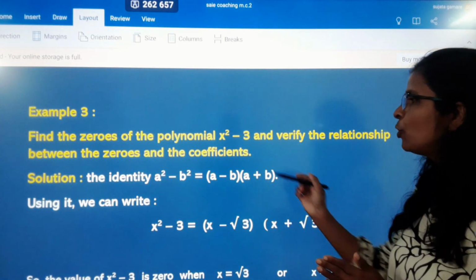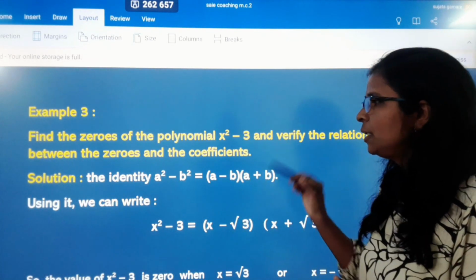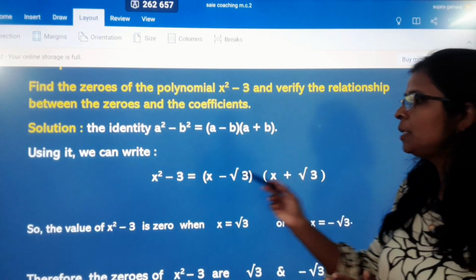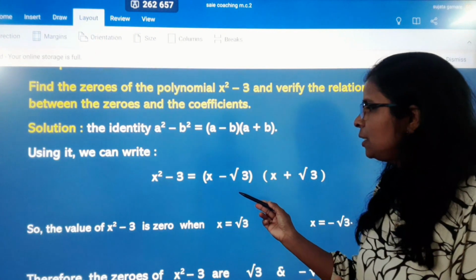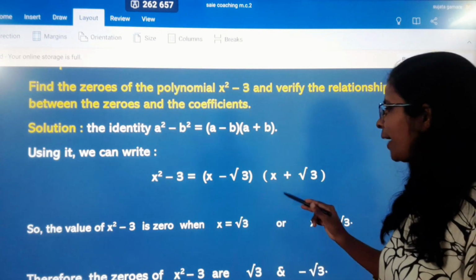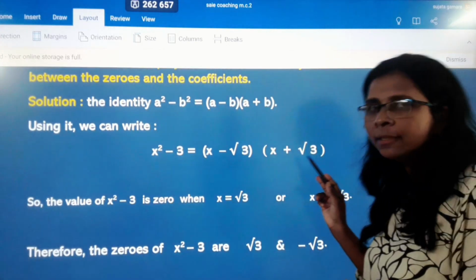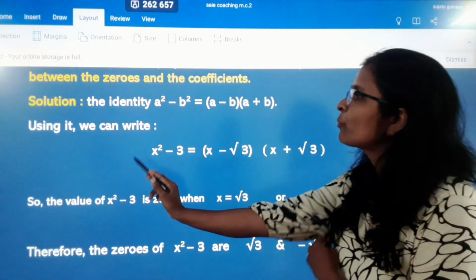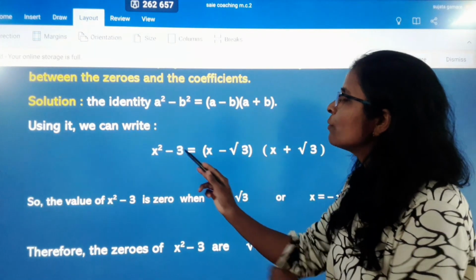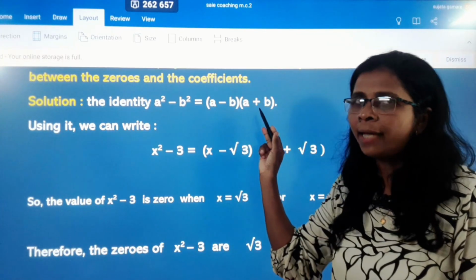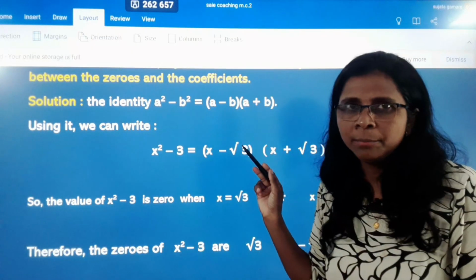The given polynomial is x square minus 3. So now here we can write this polynomial in this form: x minus root 3 in the first bracket and x plus root 3 in the second bracket, as per the identity formula a square minus b square, which is equal to a minus b in the first bracket and a plus b in the second bracket.